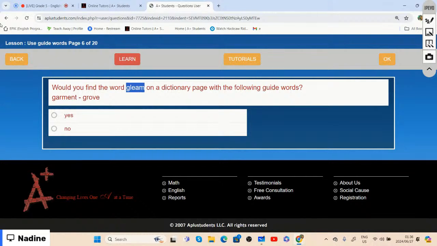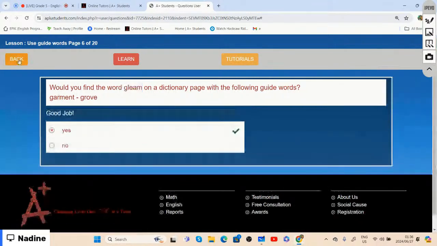And yes, we will find the word gleam, especially we will find L between A and R. Gleam we will find between garment and grove.